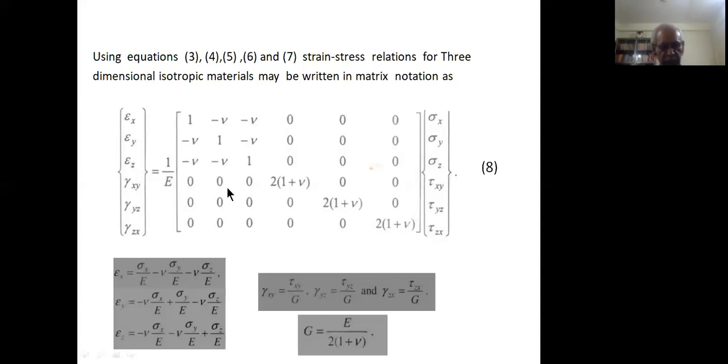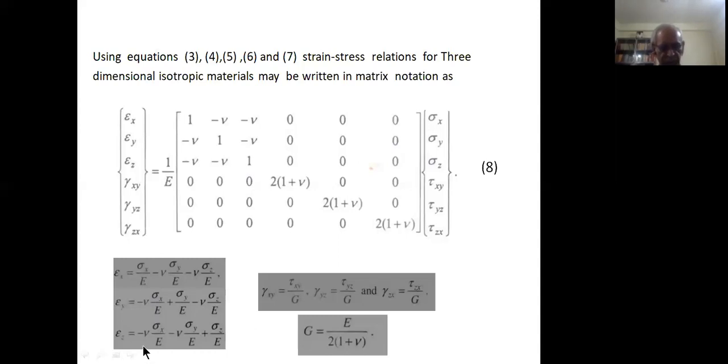Similarly, if you look at epsilon y, you will see that the first term is negative. So you'll have minus nu because E has been taken out. And the only positive term is sigma y by E, so it will be 1. And the next term will be minus nu. And no shear term, so they are all zeros.